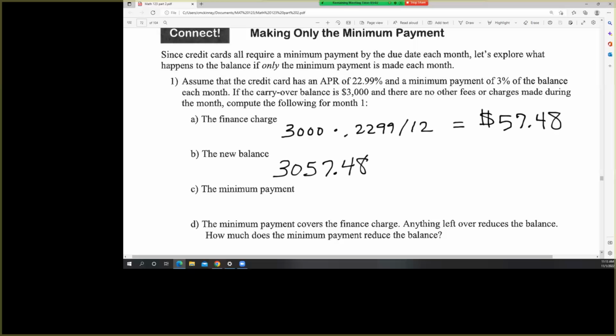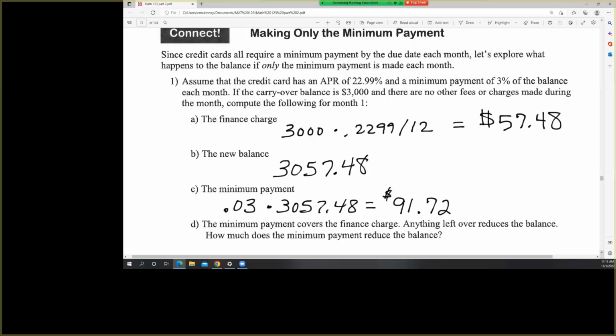And so the minimum payment here says now, and this is very real, this minimum payment is only 3% of the balance. So I just straight up take that, and it doesn't have a $20 minimum. So just 0.03 times that balance. $91.72.